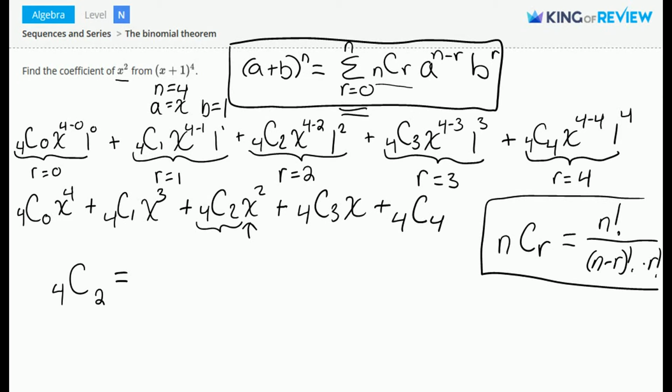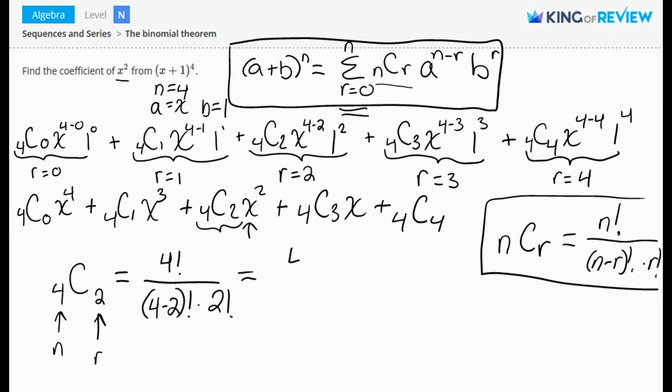So let's set this up. In this case, this is our n value, and this is our r value here. So we have 4 factorial over (4 minus 2) factorial times 2 factorial.